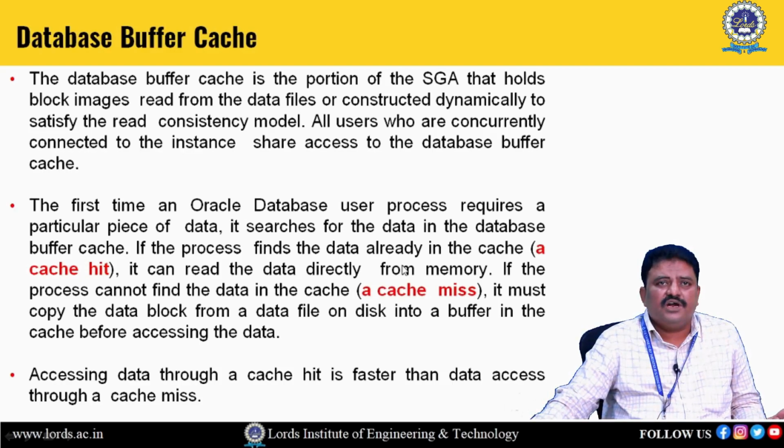If the data is loaded, it will be kept in the database buffer cache and different users can use it. When a user makes a query, it checks whether the required data is present in the database buffer cache. If the data is present, that is called a cache hit. If a cache hit occurs, there is no need to go to the data files again, because the data is already present in the SGA and can be retrieved and shown on the screen.